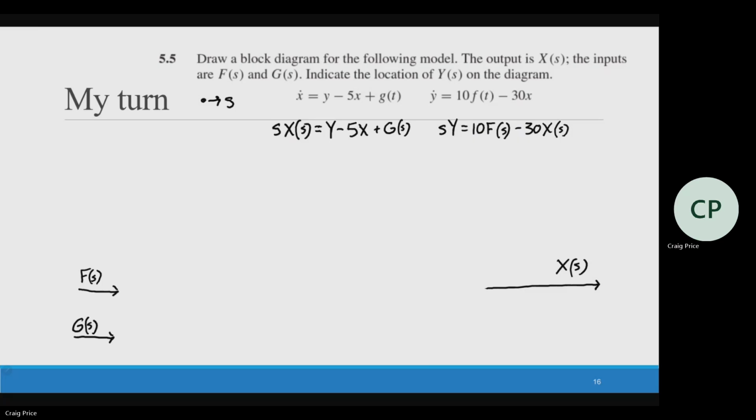Okay, are we closer? I'm not sure. What we can do is get all the x's to the same side. So we get S plus 5 times x is equal to y plus g.